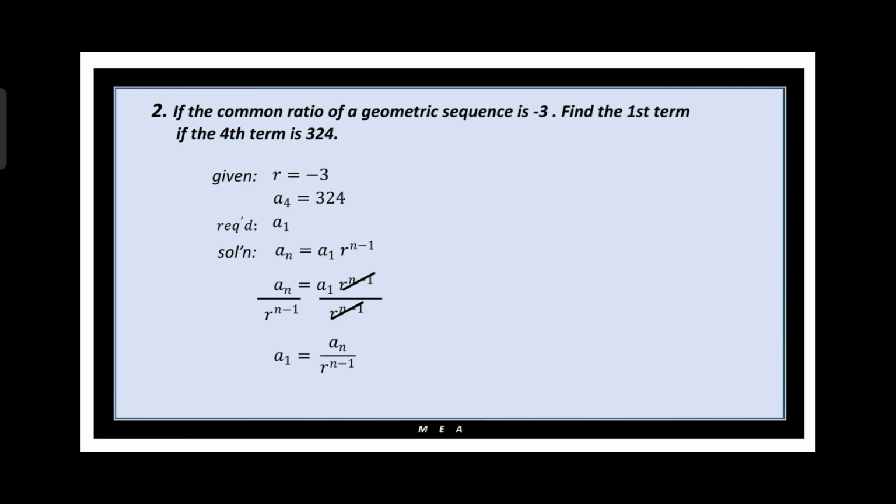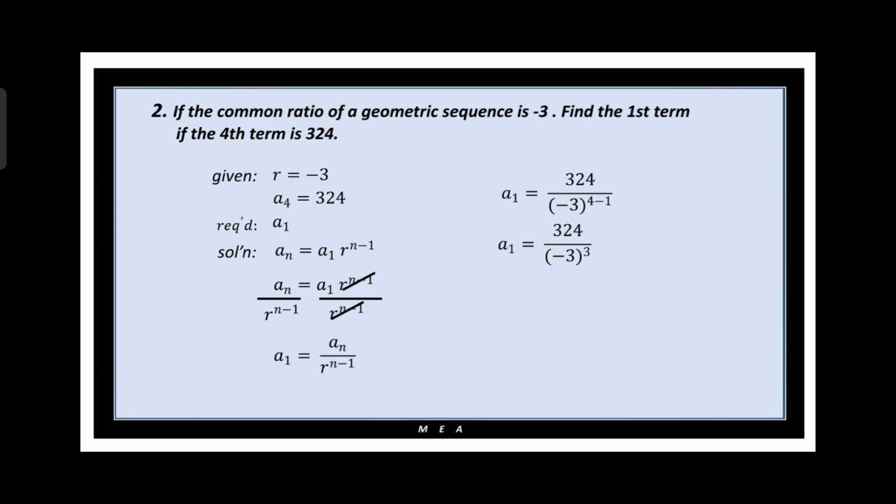Okay, substituting now the given values, we have a sub 1 is equal to 324, yung ating fourth term, and then divided by negative 3, yung common ratio natin, raised to 4 minus 1. 4 minus 1 is equal to 3. So, a sub 1 now is equal to 324 divided by negative 3 raised to 3.